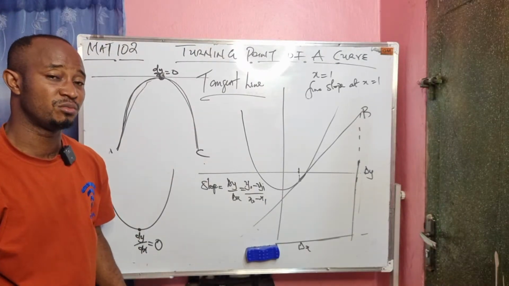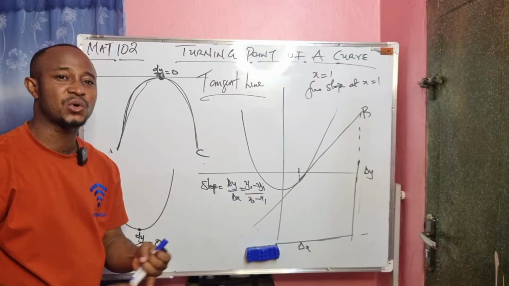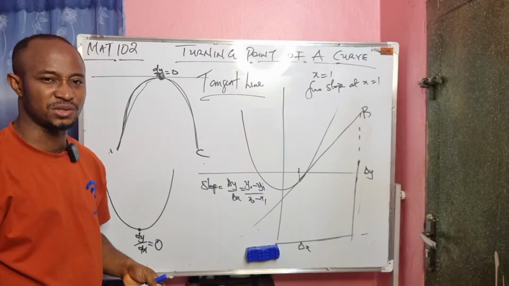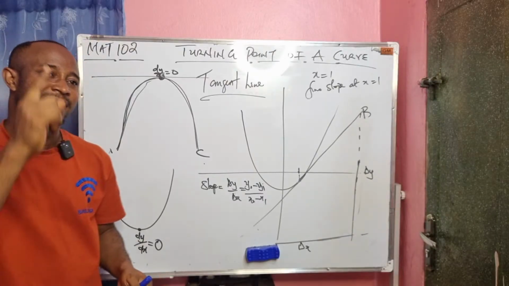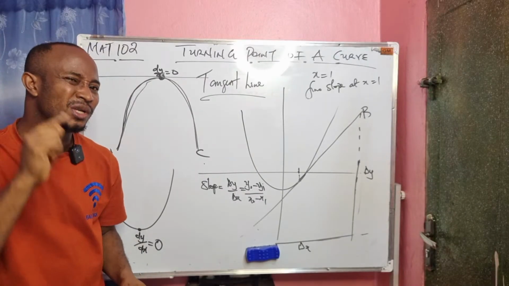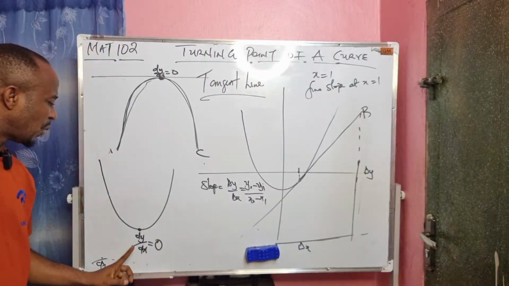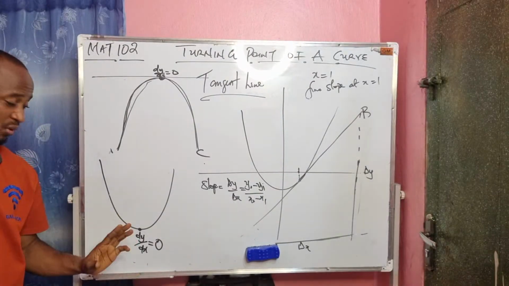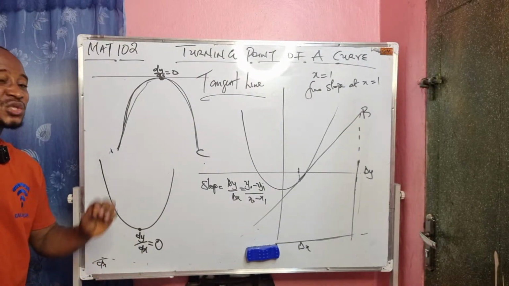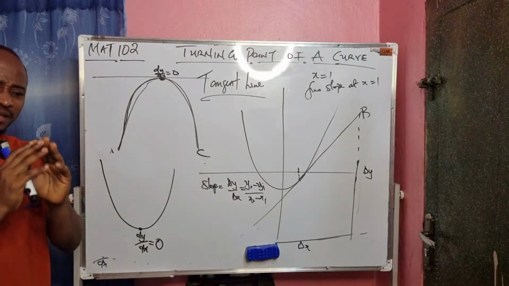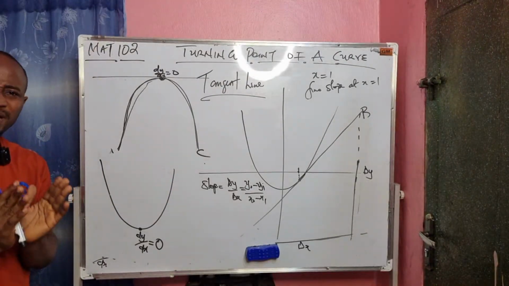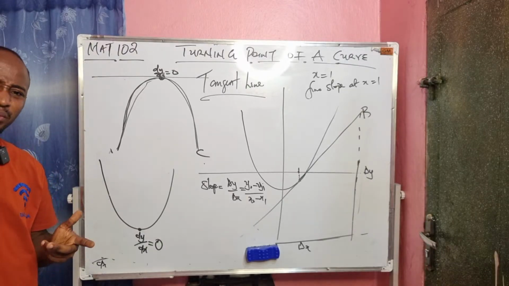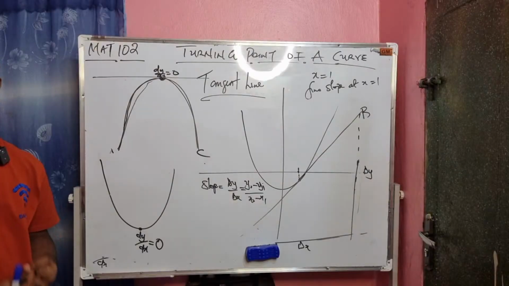There are 2 conditions you must take note of. Number 1 is called the necessary condition. Number 2 is called the sufficient condition. When you hear the word necessary condition, it means that at the turning point of every curve, dy/dx must be equal to 0. The sufficient condition will tell us the nature of that curve, whether it is minimum, maximum, or a point of inflection.